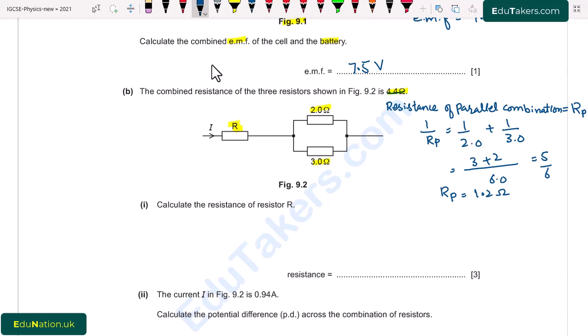So Rp, the combined resistance of the 3.0 ohm and 2.0 ohm resistors, comes to be 1.2 ohms. Now I draw this figure again, where this is R, and this R is now in series with the parallel combination Rp.